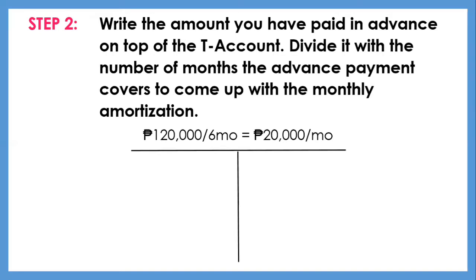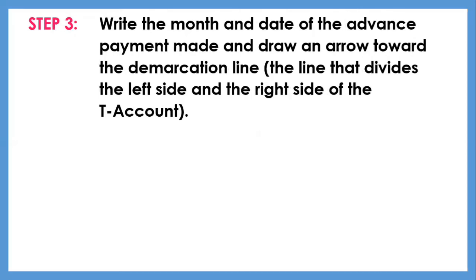Now, what's step number 3? In step number 3, we need to write the month and date of the advance payment and draw an arrow toward the demarcation line. The demarcation line refers to the line that divides the left side and the right side of the T account, so this is actually the vertical line of our T account.